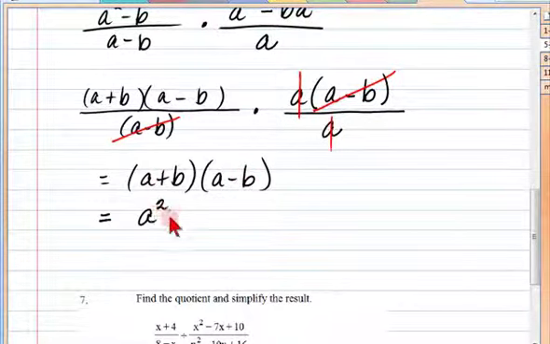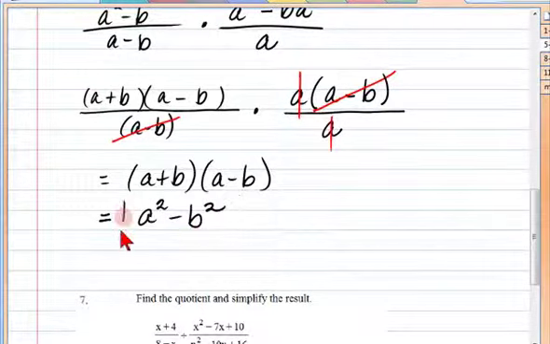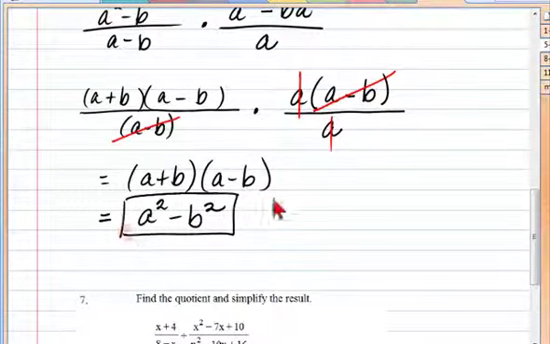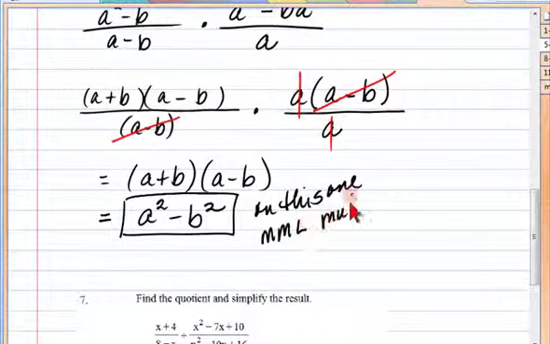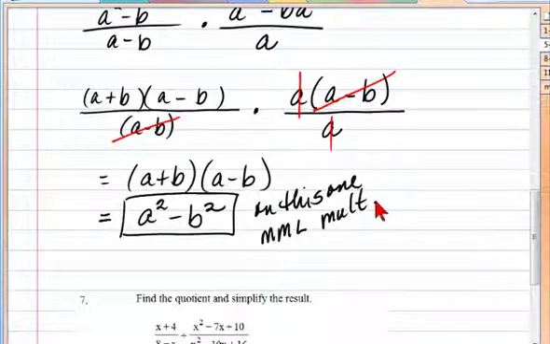You're back to A squared minus B squared. On this one, MML multiplies. And I don't know why, and I wouldn't. But I'm assuming that you'll need to as well.